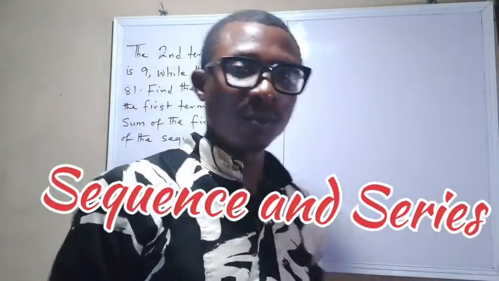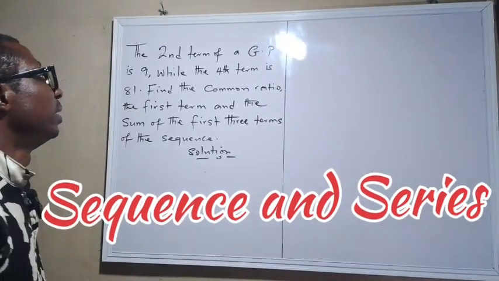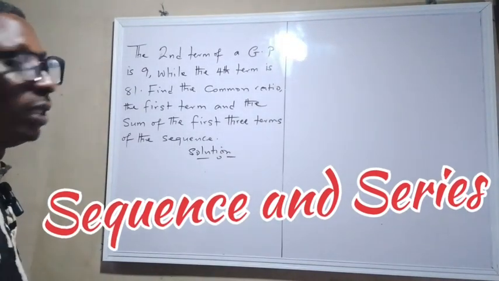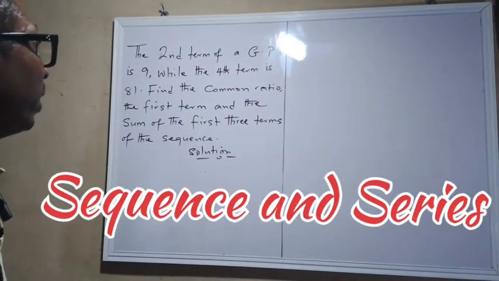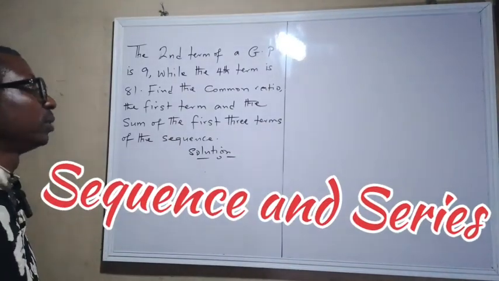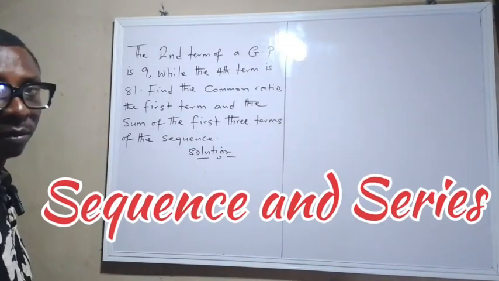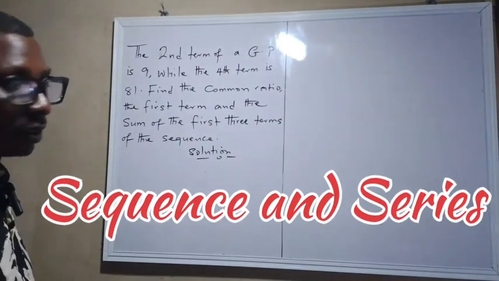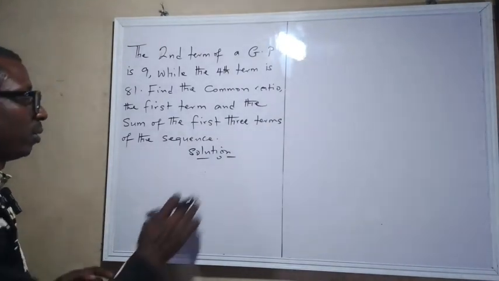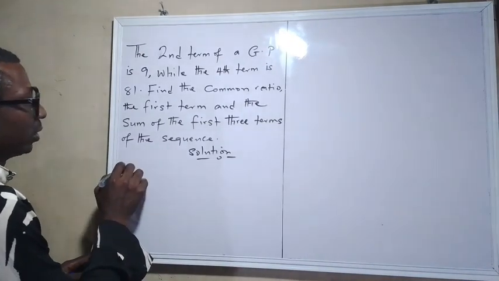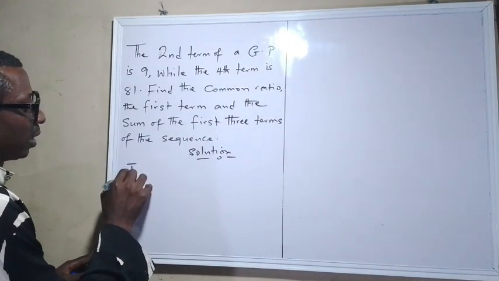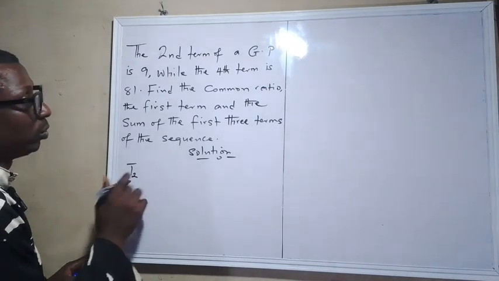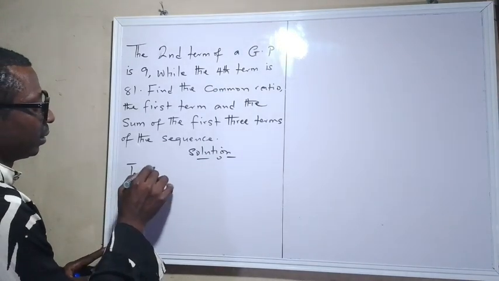Now let's look at this problem together. The second term of a GP is 9, while the fourth term is 81. Find the common ratio, the first term, and the sum of the first three terms of the sequence. Now, we are given the question that the second term, that's T2, is 9.